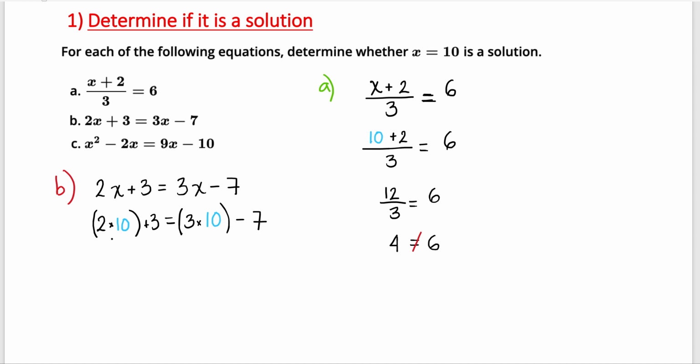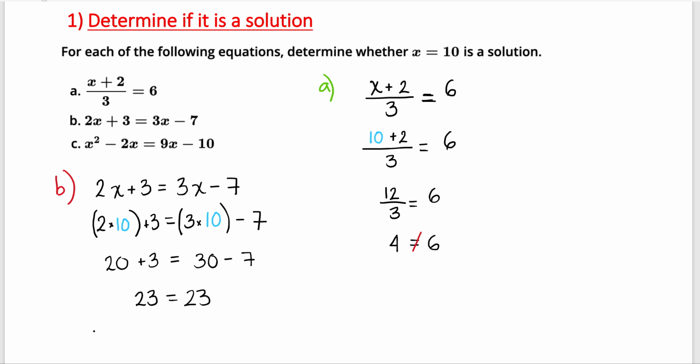Okay, and let's continue. So this is 20 plus 3 equals 30, take away 7. And then this one is 23 equals 23. Beautiful. So I got that 23 is equal to 23.